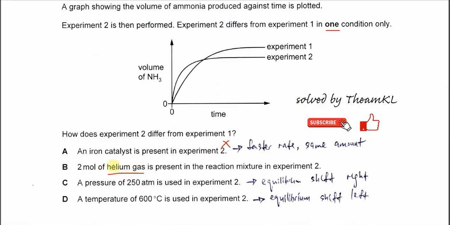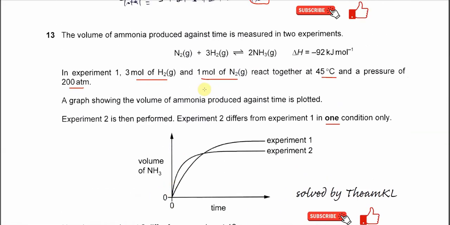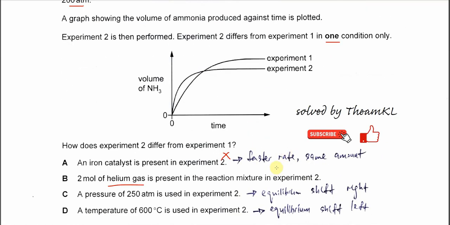So the presence of this inert gas, a gas that is not in this Haber process, will not affect the yield. How many moles are put in will not affect the concentration of the nitrogen, the hydrogen and the products. So it has no real effect on the reaction, and therefore it is not going to suit this graph.